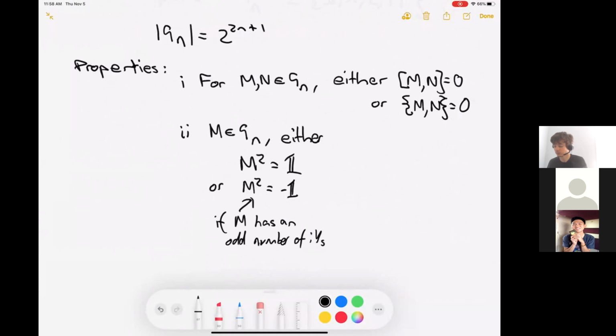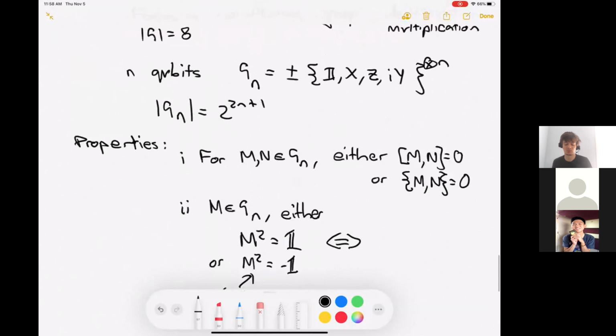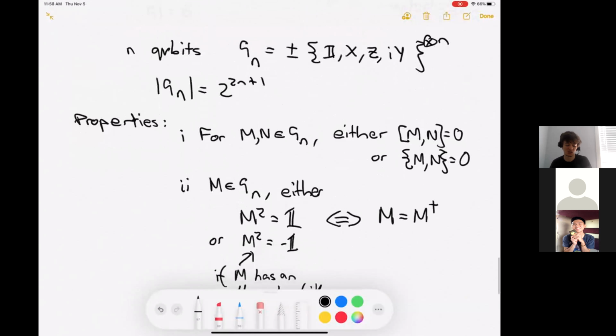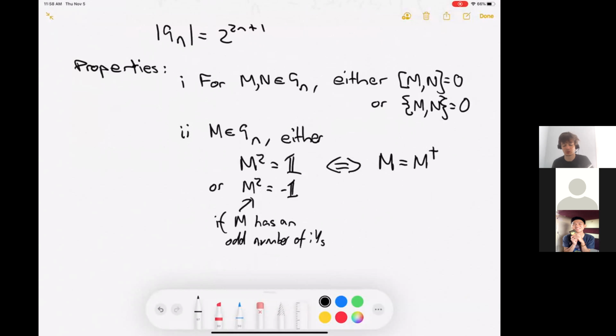If M squared is the identity, then M has an even number of iYs in it. That means it's proportional to a product of Paulis, and a product of Paulis is of course Hermitian. If it has an odd number of iYs in it, then it's i times the product of Paulis, and that means it's anti-Hermitian. Okay. Any questions?